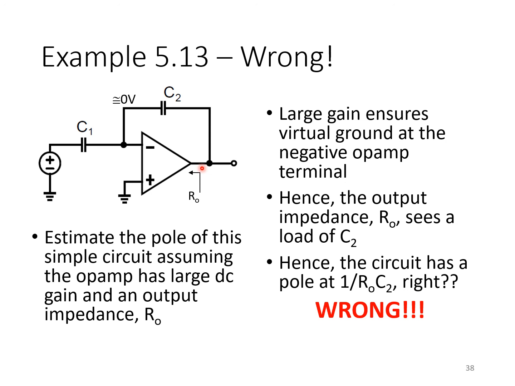And that single time constant is formed by RO and the feedback capacitor C2, which is connected between this node and my virtual ground. So the circuit, therefore, we might conclude, has a pole at the frequency 1 over RO C2, right? And in fact, that's dead wrong. There's just a basic fallacy here in the analysis.